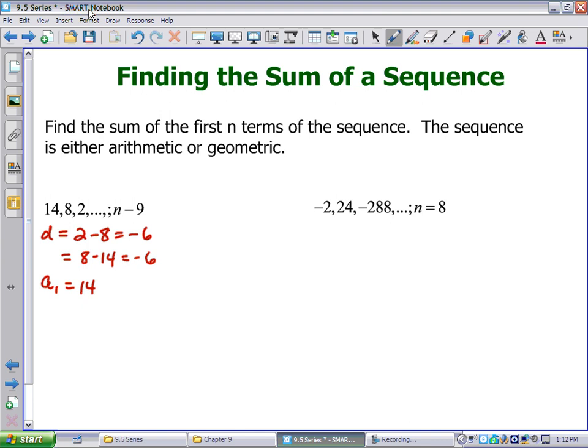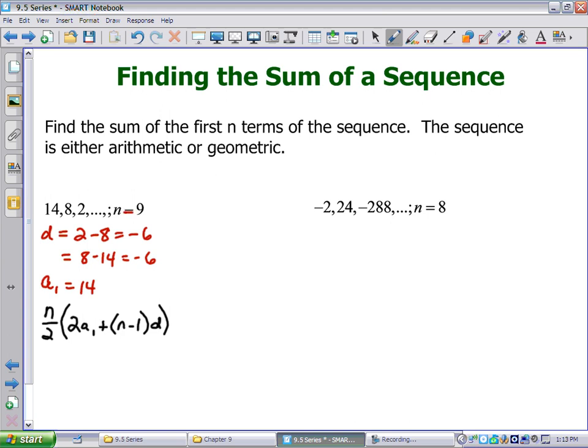Okay, so we can go back to our optional formula here, where we had n over 2 times the quantity 2 times our a sub 1 plus n minus 1 times our common difference d. If we use our formula, n, they want us to use 9.